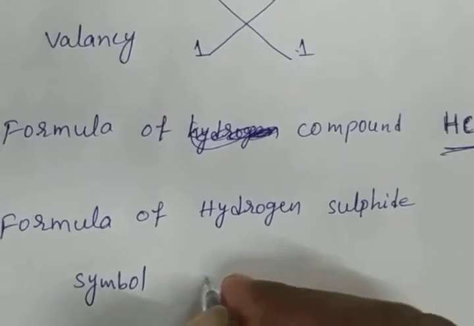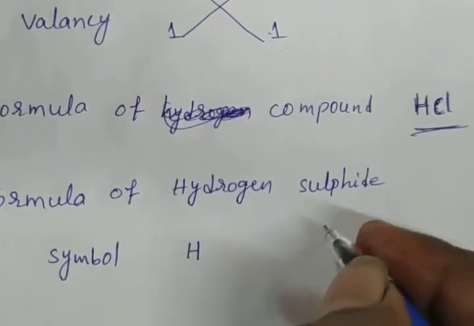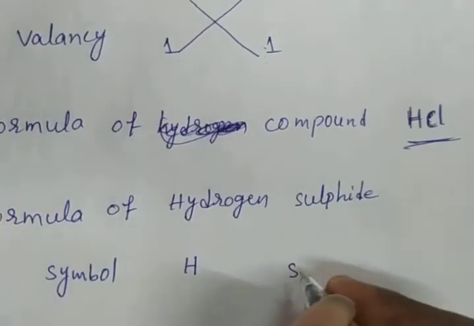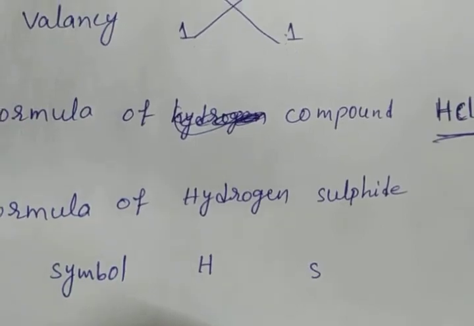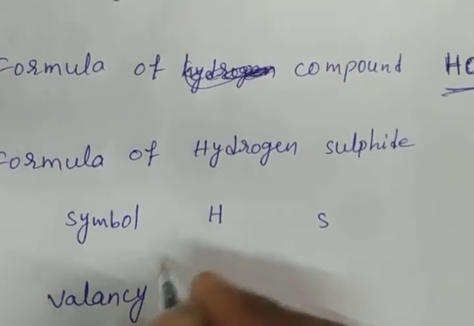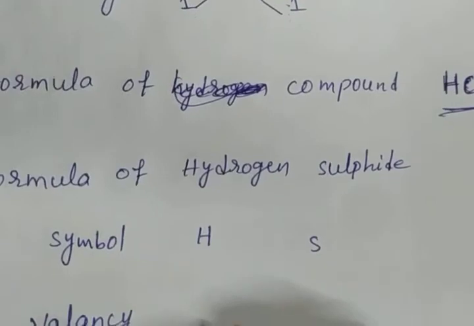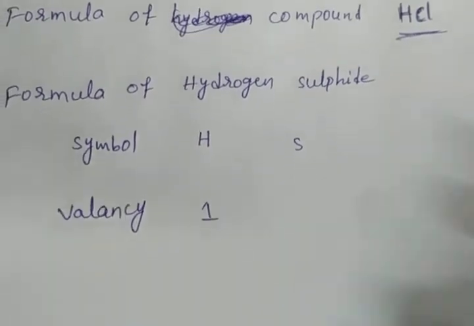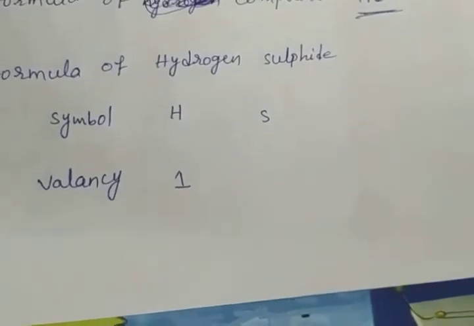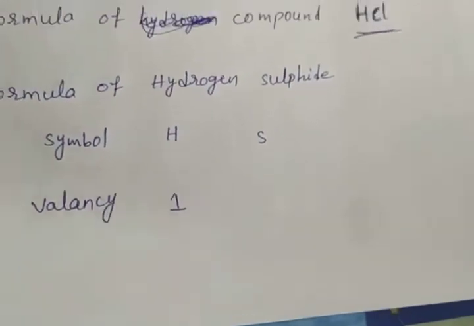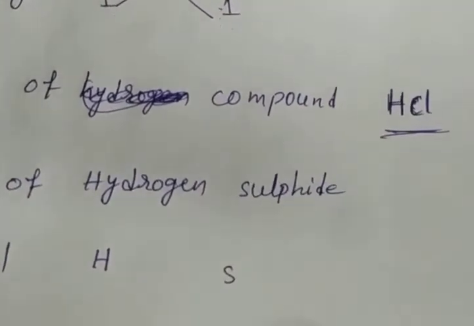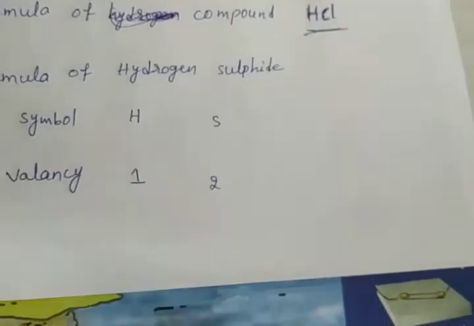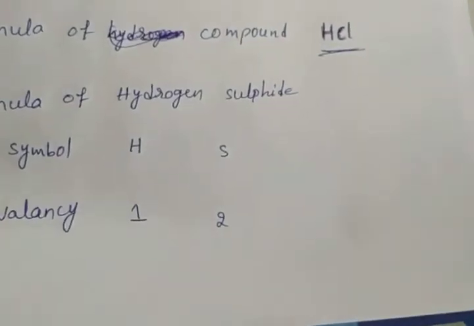Symbol of hydrogen is H. Symbol of sulfide, I already gave in the table: S. Next, what do we require? Valency. Hydrogen valency, as in the above example, is 1. Next, the sulfide valency. Check the table: among the valency 2 ions and atoms, sulfide is there, so it is 2.